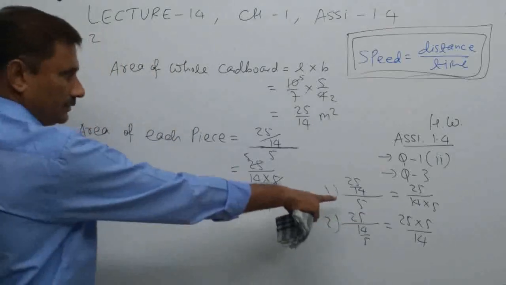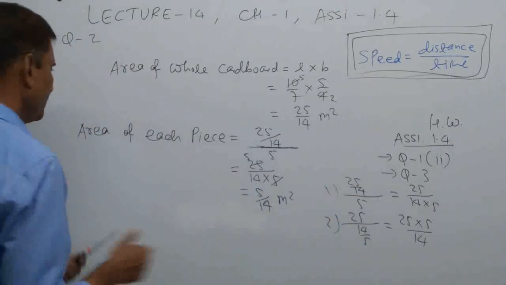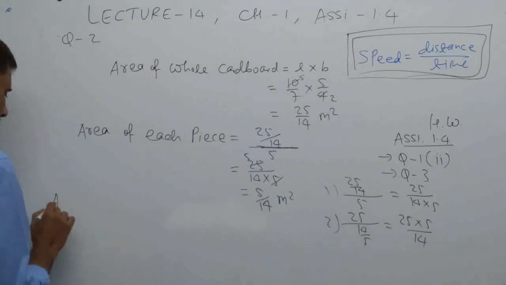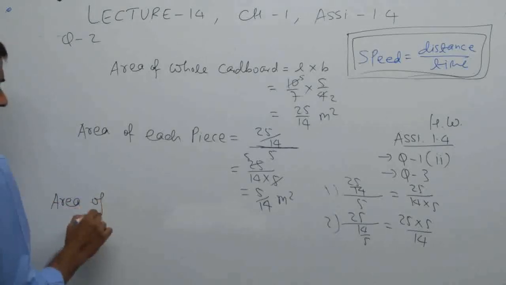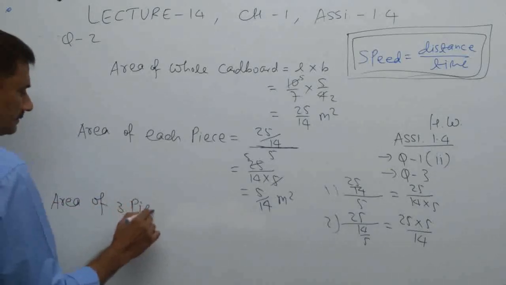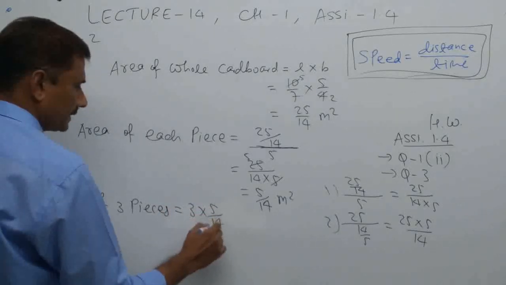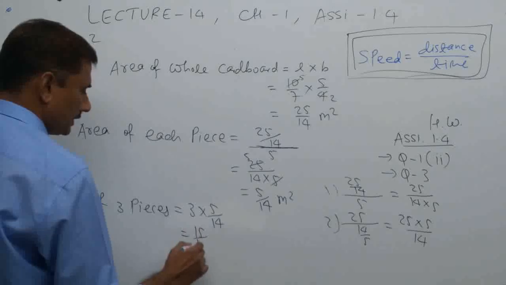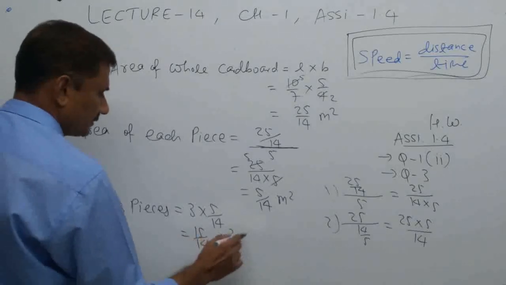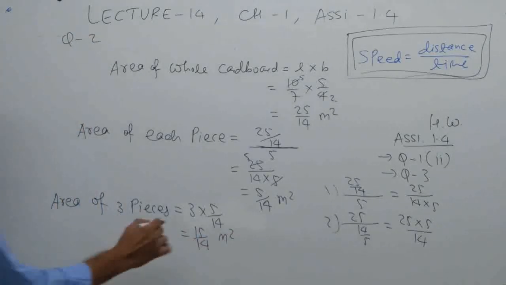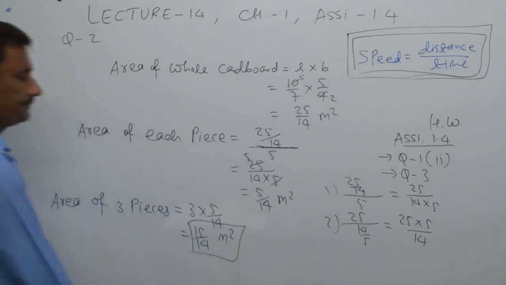Now the area of 3 pieces instead of 1 will be 3 into 5 by 14, which is equal to 15 by 14 square meter. So that is our final answer.